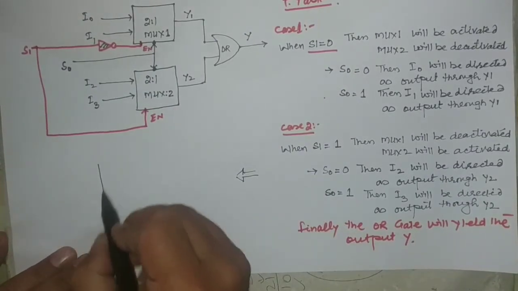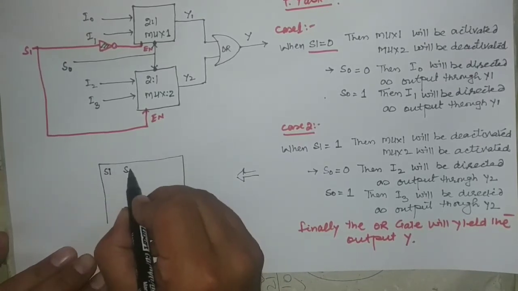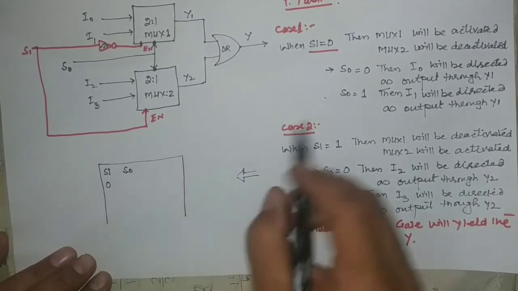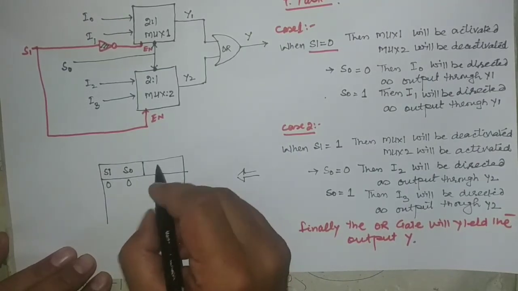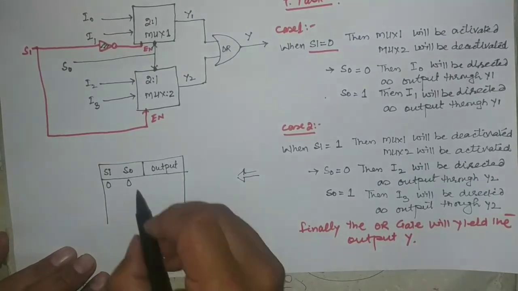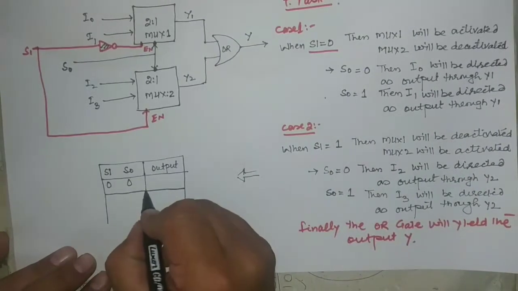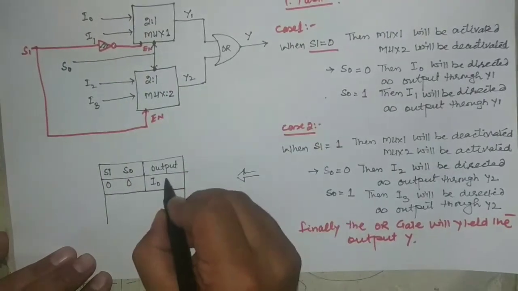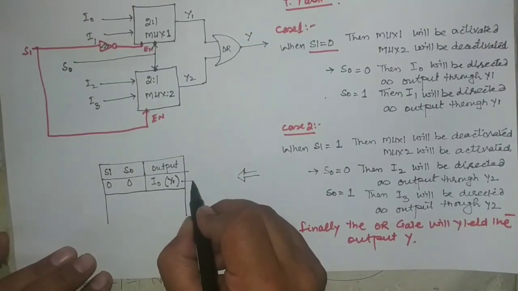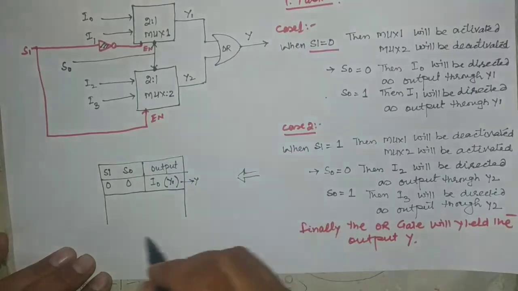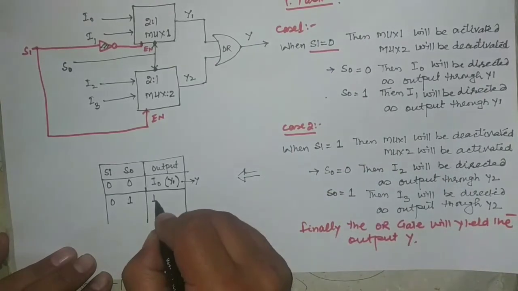Now the truth table based upon all these cases. When S1 is equal to 0 and S0 is equal to 0, say for example these are the outputs, then I0 will be output from Y1 and then directed as the final output Y. When 0 1, that means I1.